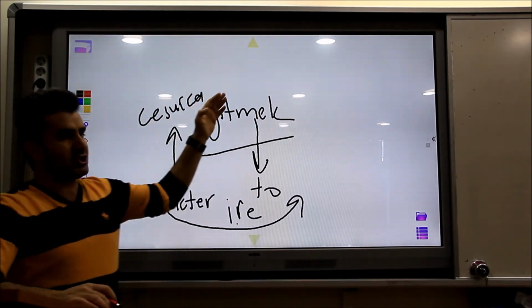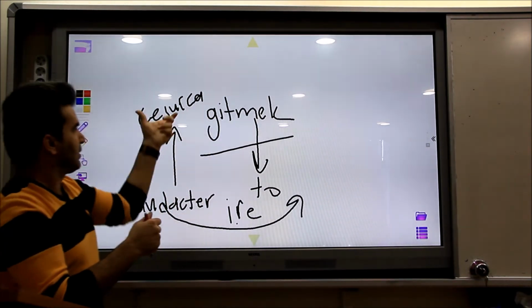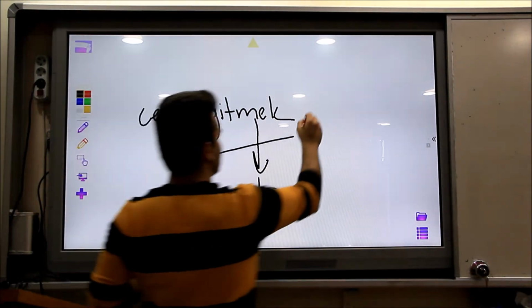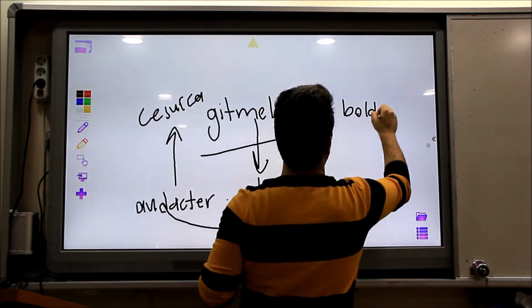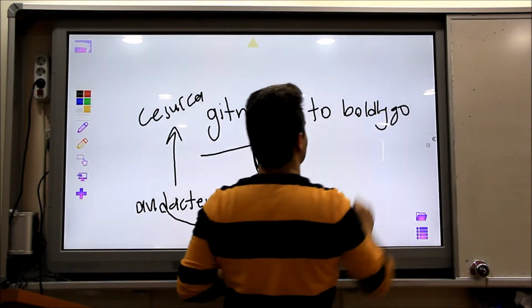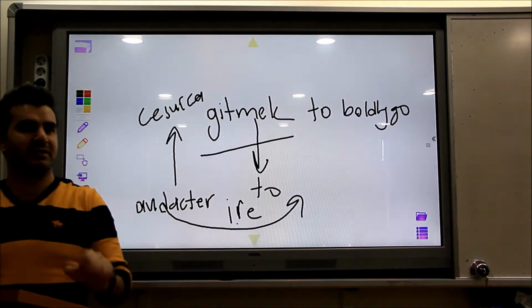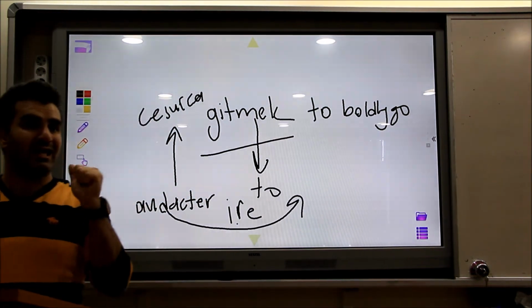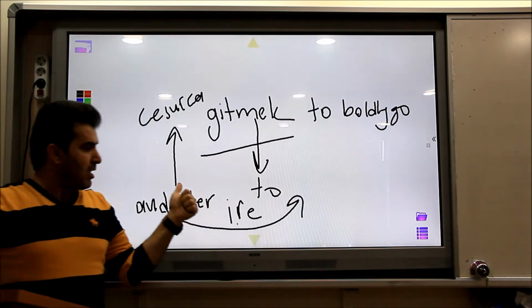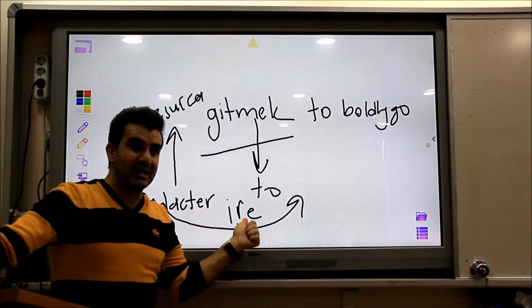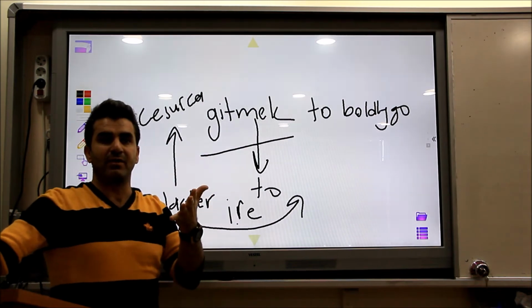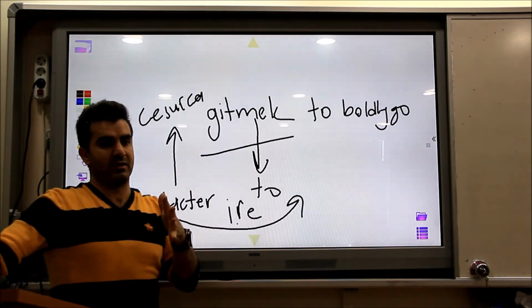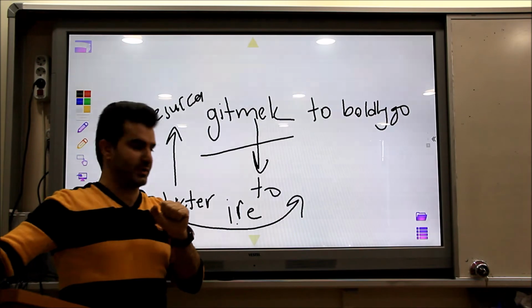In English you can insert "cesurca," to boldly go. Why? Because it is possible. Boldly go. You see, they have different structures. So that means we cannot take Latin as a model for other languages because they have structural differences.